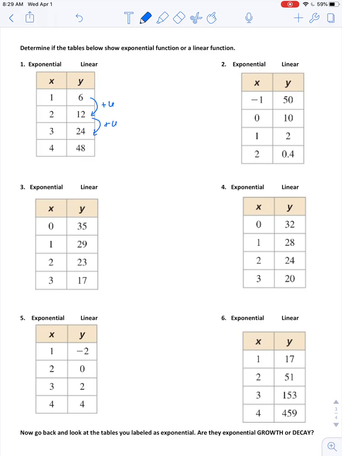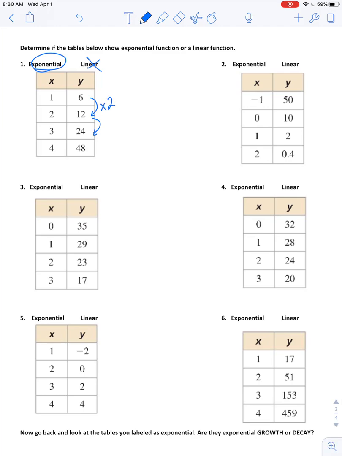So what's the difference here? Well, from 6 to 12, I could add 6. But is that still adding 6 for my next one there? Well, no, I've got to add 12. So that pattern didn't work. Well, let's see. It's not linear. Let's see what pattern we could find.